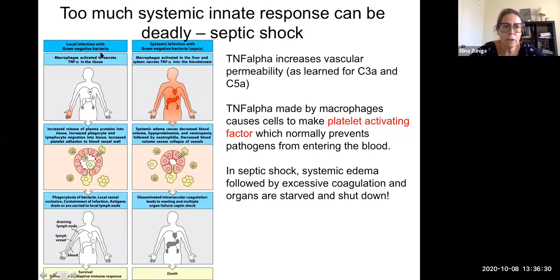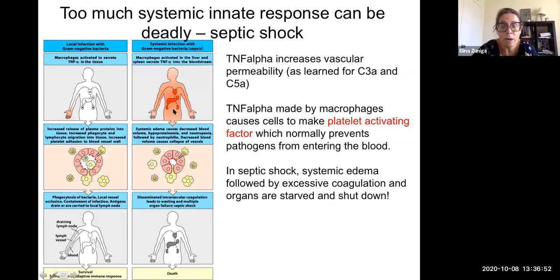And so you may have a TNF-alpha inducing a local inflammation that will contain the infection, and that's good. But TNF-alpha in the systemic circulation may induce enhanced vascular permeability all throughout the body.